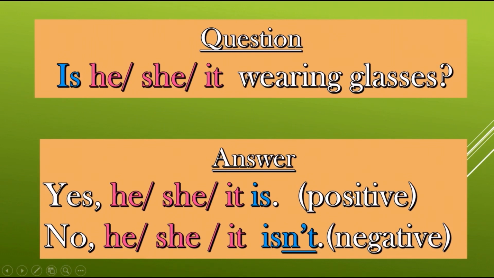For example, the question is: is he, she, it wearing glasses? If the answer is yes, you say yes, he, she, it, and then the positive verb is.